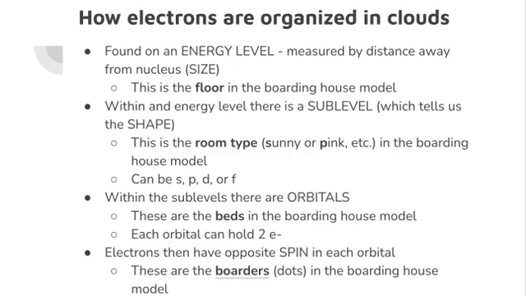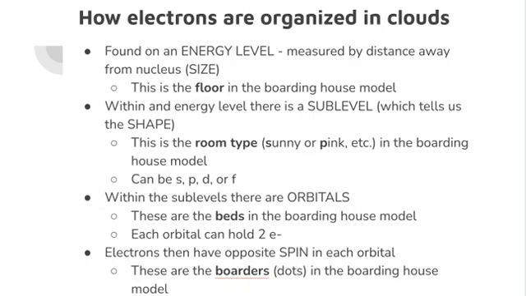And we're going to call those sunny and pink because it just makes more sense than some of the scientific jargon. So you could be on the second energy level in an S room or a sunny room. Or you could be on, say, the third energy level in a P room or a pink room. So this is just narrowing down, again, where that electron can be found.